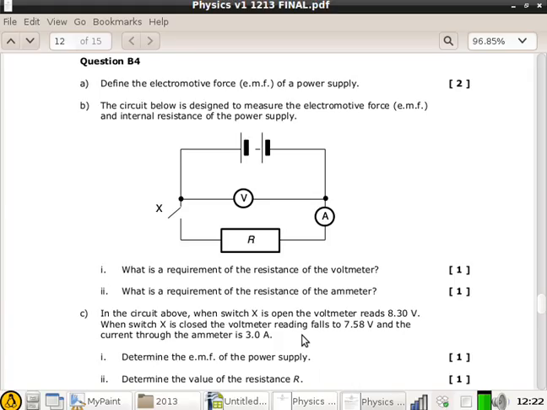Okay, so can you just make note for those two? For part B1, B2 next.